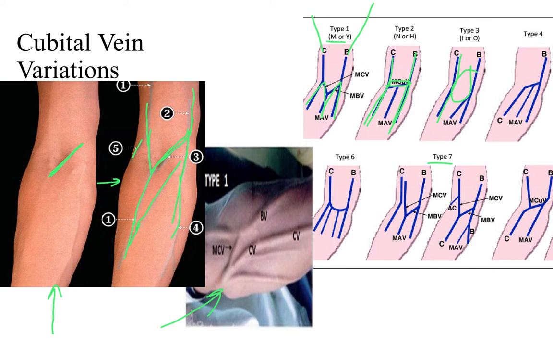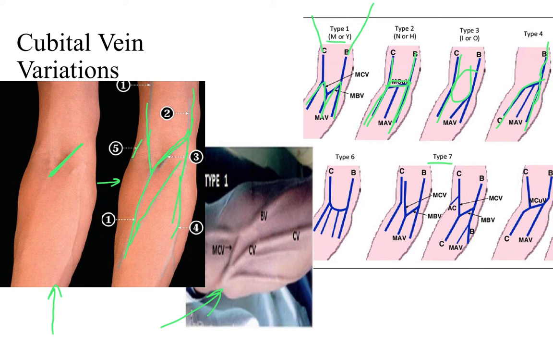Sometimes the cephalic vein and the brachial vein will just continue on and split after the cubital fossa, never getting a median cubital vein involved. Another variation is that you have the basilic vein, and then it crosses over and continues on as the cephalic vein on the lateral side, and the medial side it will continue on as the basilic vein. So that would be type 4.